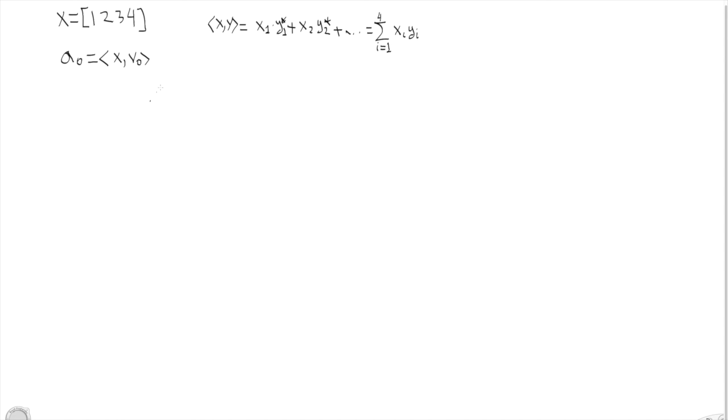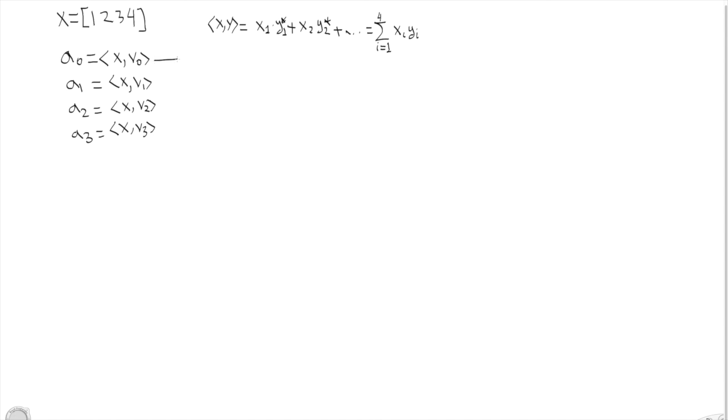So in order to calculate the Fourier coefficients, we have to find these basis vectors V0, and for the second Fourier coefficient, it's going to be the dot product of x with V1, and x with V2, and x with V3.